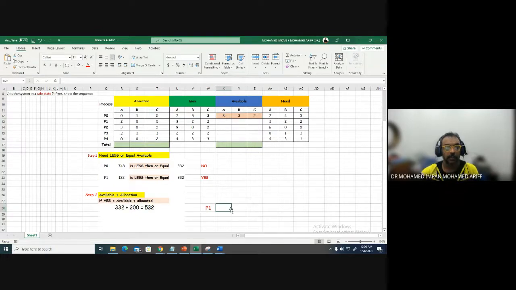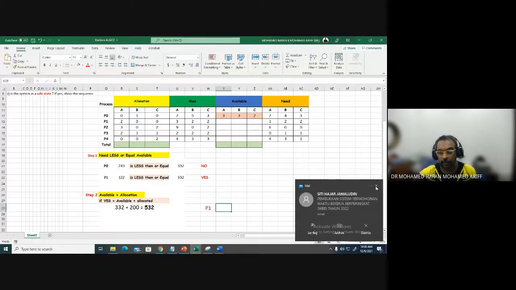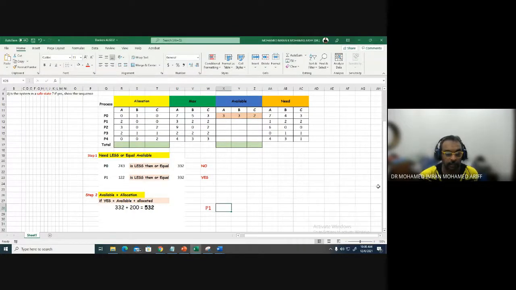Okay. So setelah P1 complete, P1 will release dia punya allocated. Okay, P1 will release the allocated. So berapa dia akan release? So once P1 is completed, it will release 532.